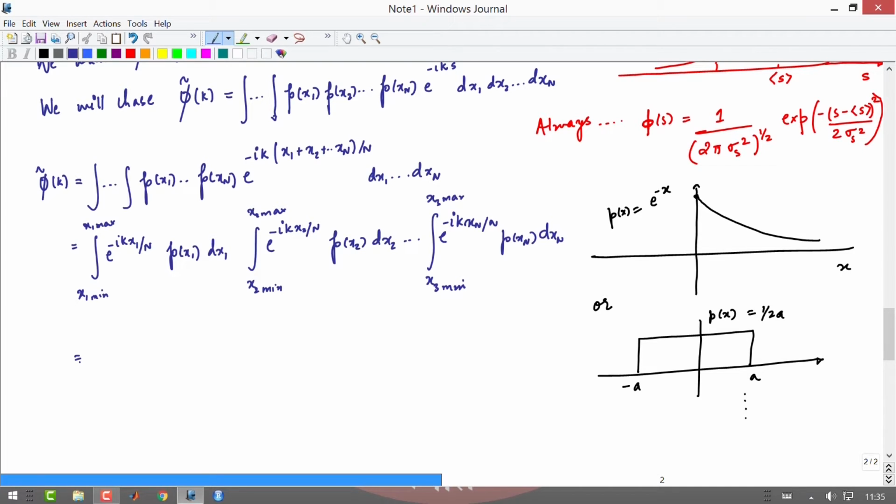The integration variable in a definite integral is dummy. So, this is like integral e raised to minus ik x by n into p of x dx, whole raised to power n, because there are n such integrals.